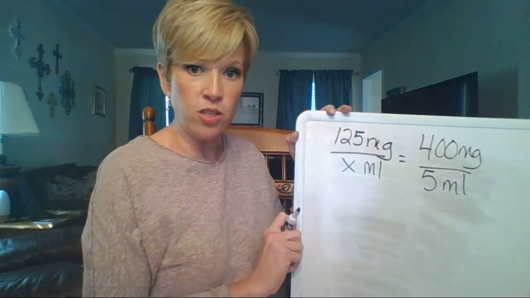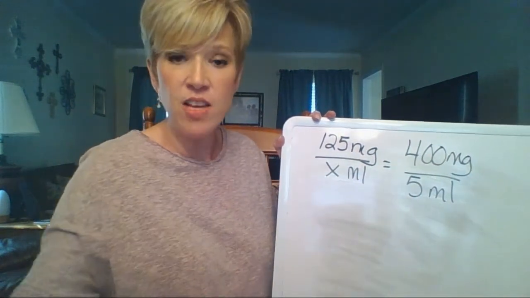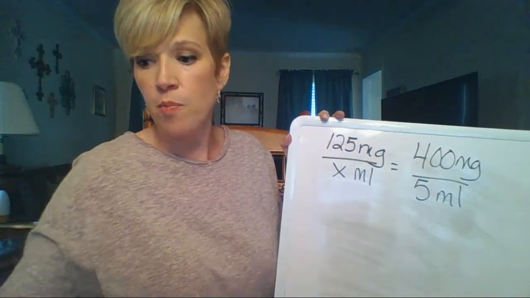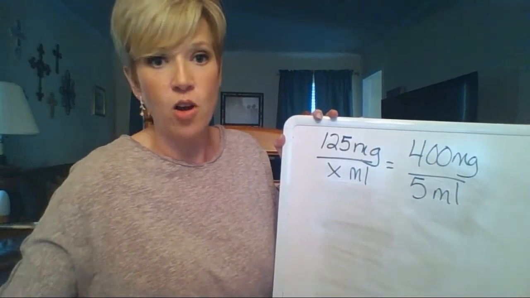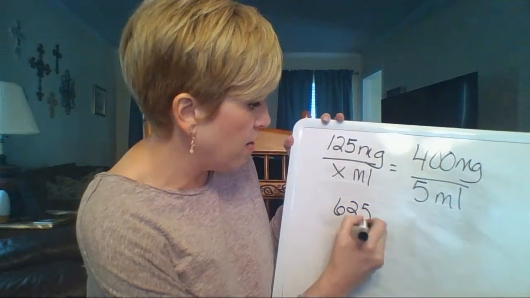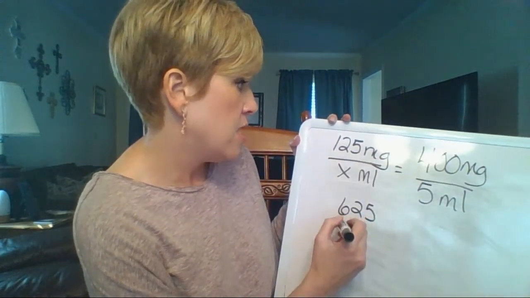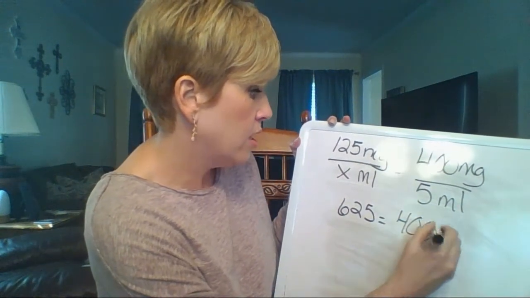Now we're just going to do that the exact same way. So 125 times 5. I'm going to use a calculator just for time, but if this was on a test, I would probably have to work it out. I thought it was 625. So 625 equals 400x.